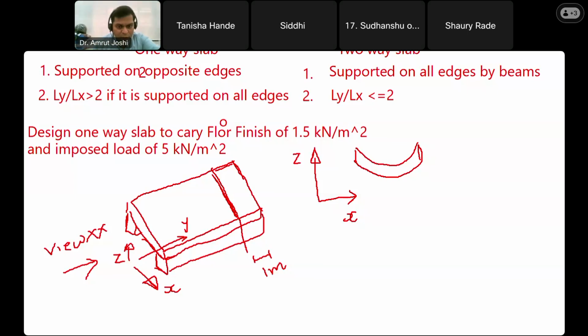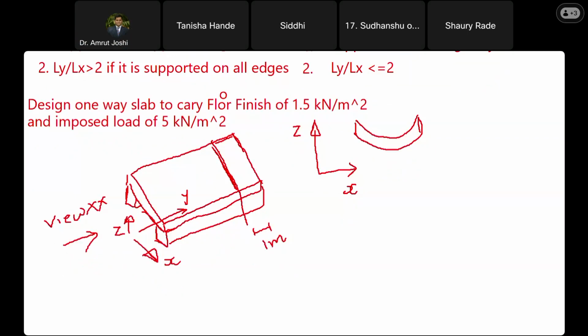Okay, so let me stop the video. I hope you are able to see the whiteboard. Are you able to see the whiteboard? Yes, sir. Okay. Now in this XX view, how do beams look? So actually the cross section of this entire assembly will be seen something like this.